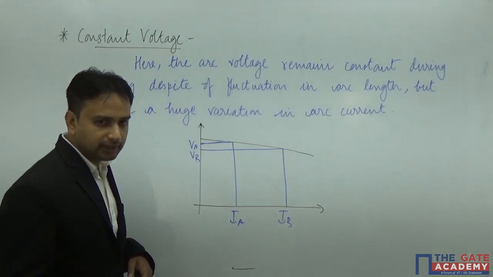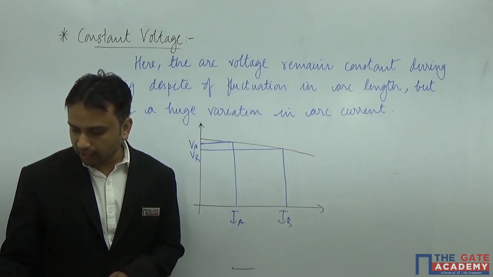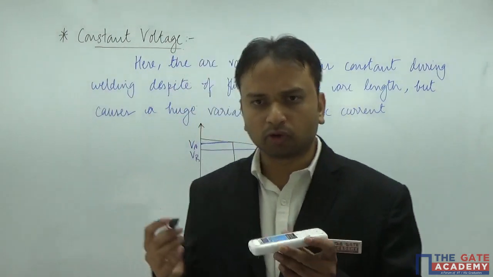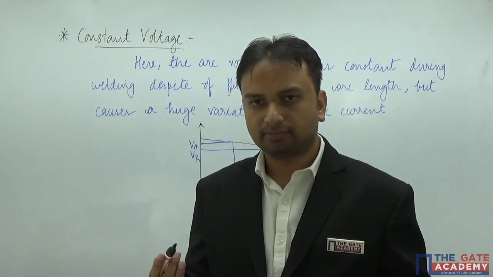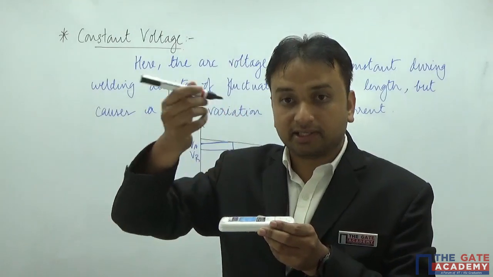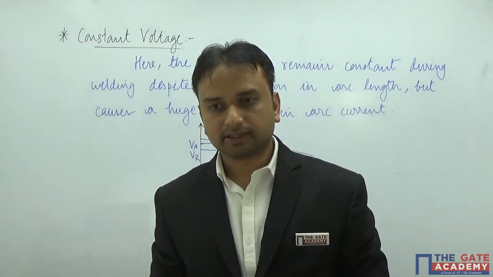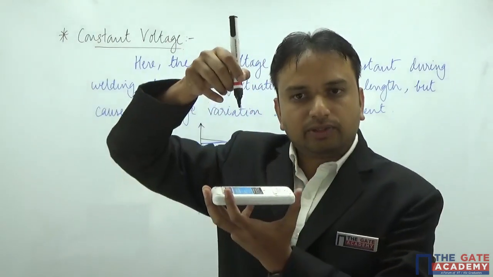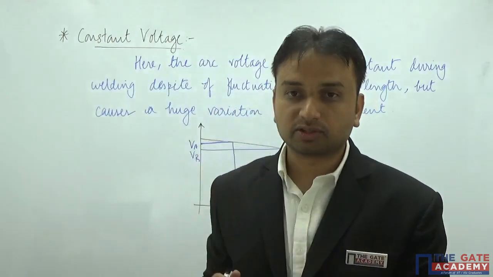What does it mean? It means that suppose there is an automated machine, so there is no need to worry about the change in length, right? But these electrodes are actually governed. Suppose you are using consumable electrodes.